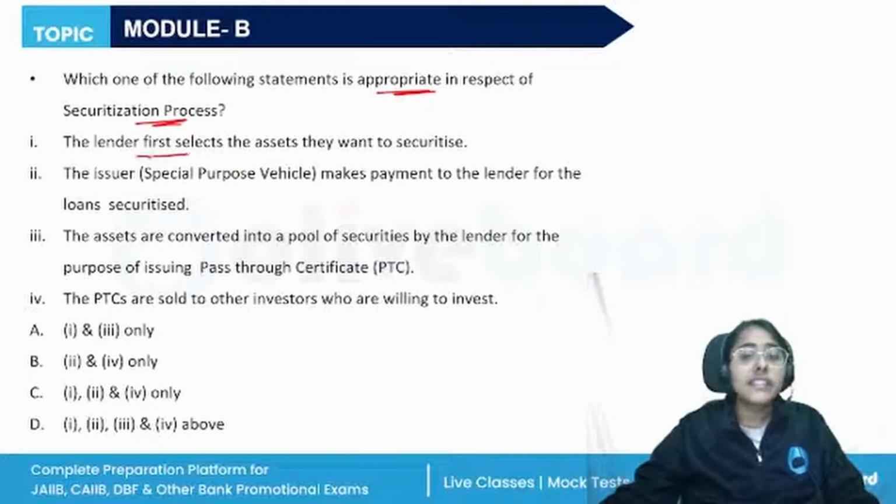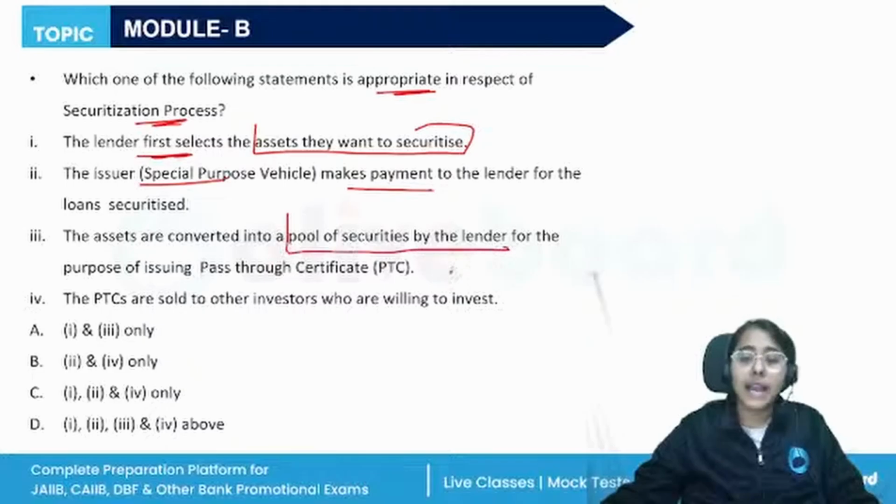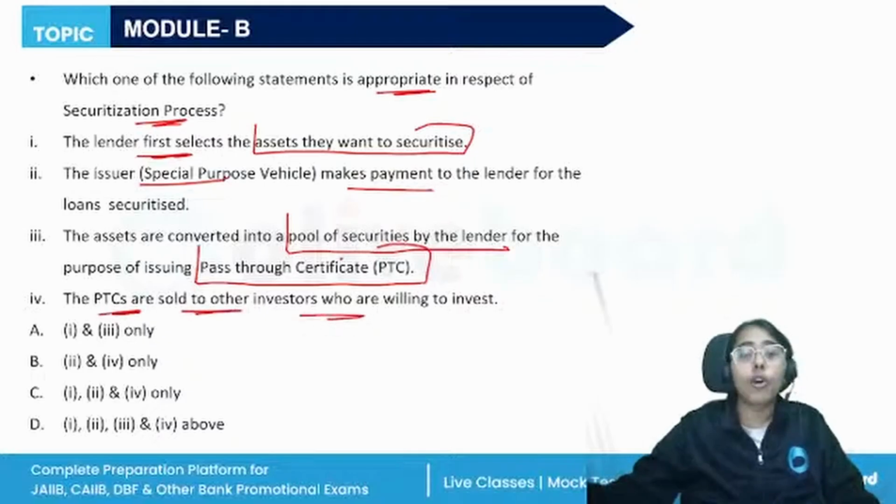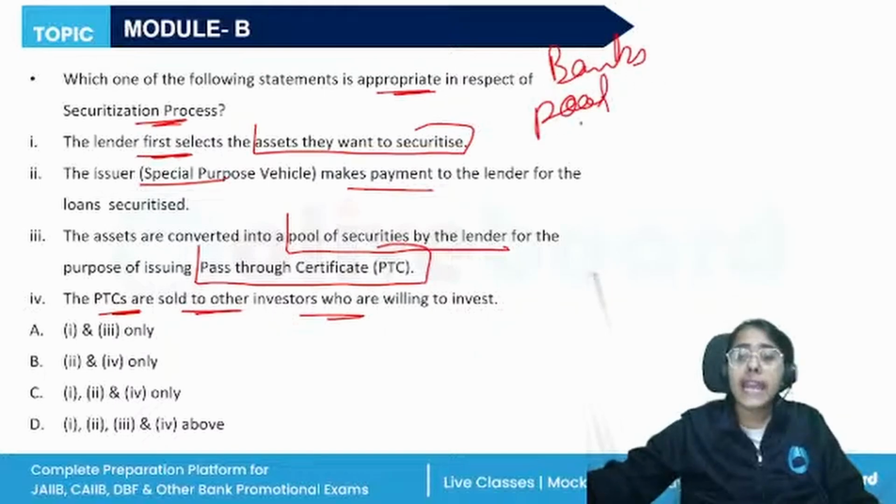The lender first selects the assets that they want to securitize. The issuer, who is a special purpose vehicle, makes payment to the lender. The assets are converted into a pool of securities by the lender for the purpose of issuing the pass through certificate, and the pass through certificates are sold to other investors. So the process of securitization starts with the banks. They pool all the NPAs, the non performing assets.